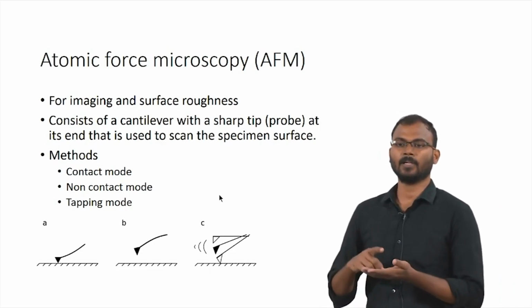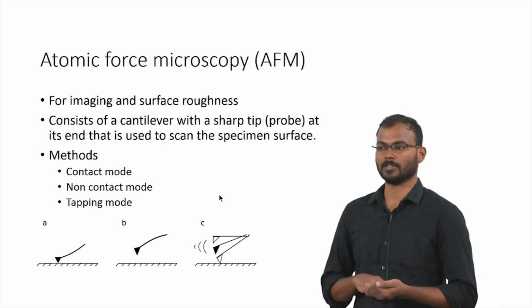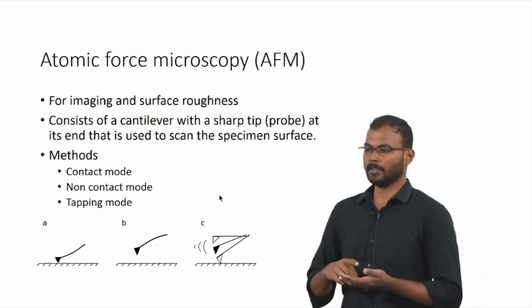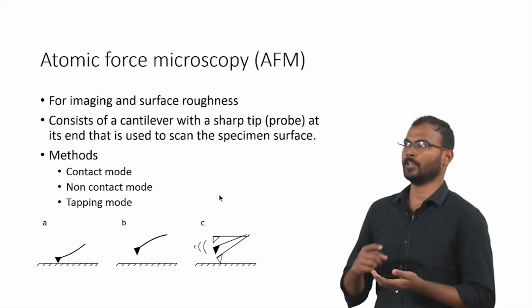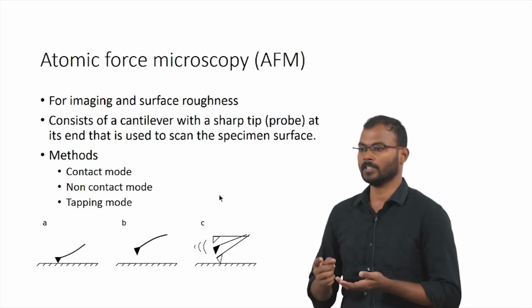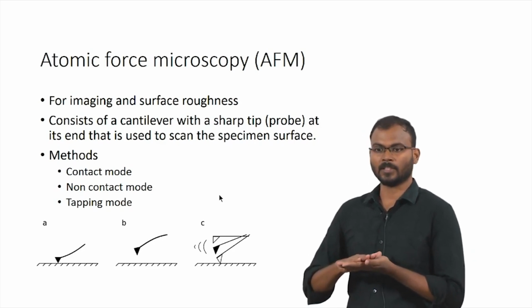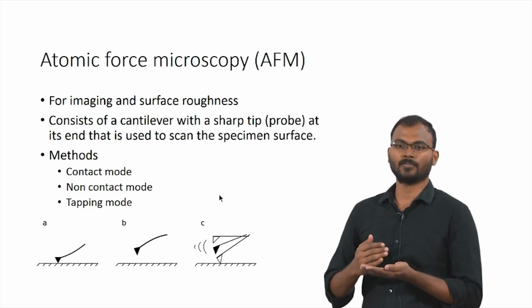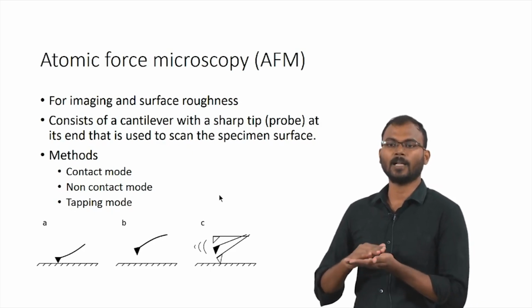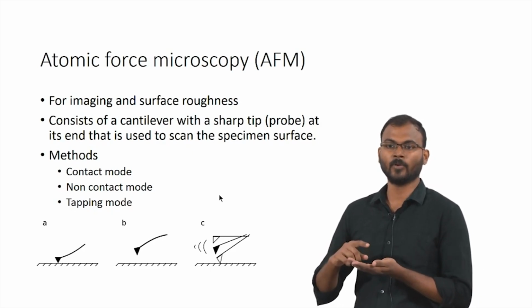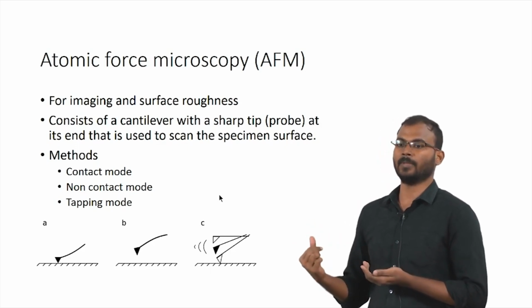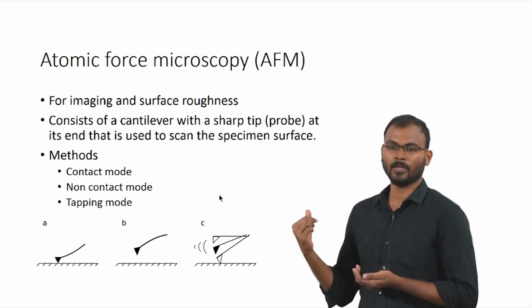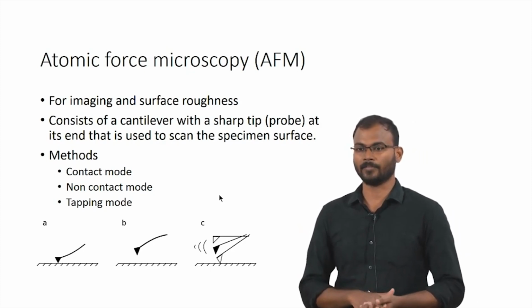In non-contact mode, the cantilever vibrates at a high frequency above the resonance frequency, where it does not touch the surface at all, but the van der Waals force and other long-range forces on the surface have an effect on it. That effect is observed and converted into an image.